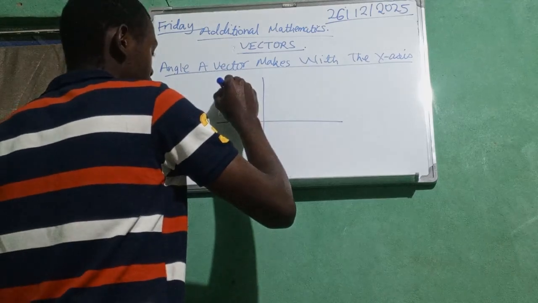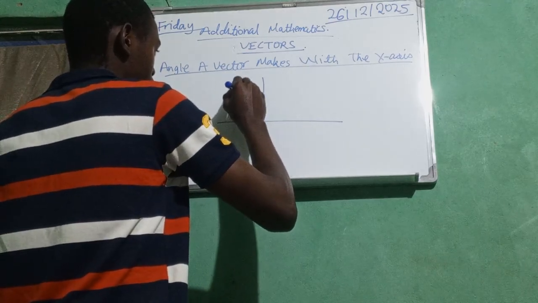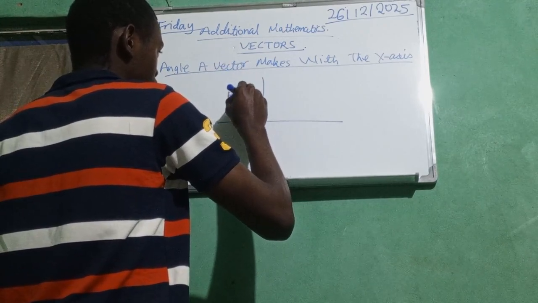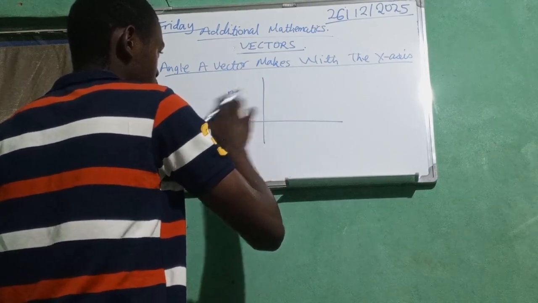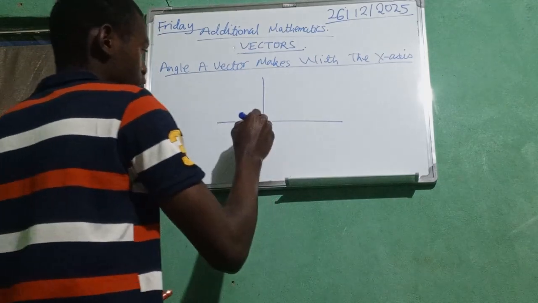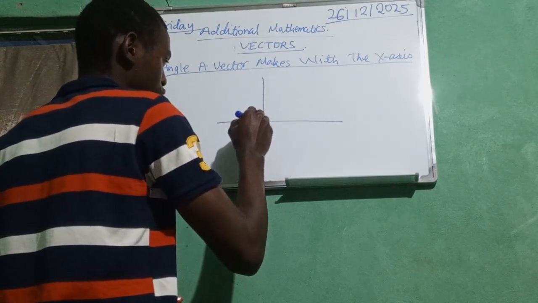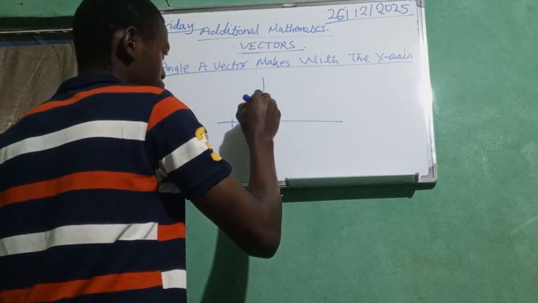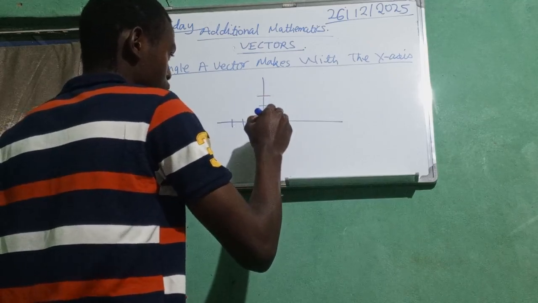A point R. Let's just write the coordinates. This is 1, 2, 3. 1, 2, 3.